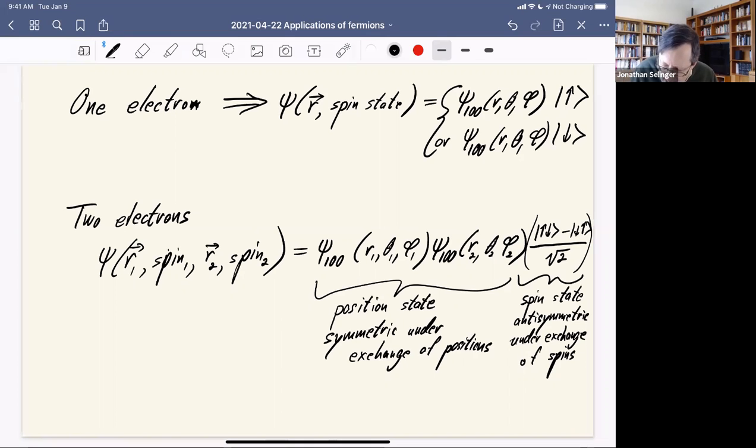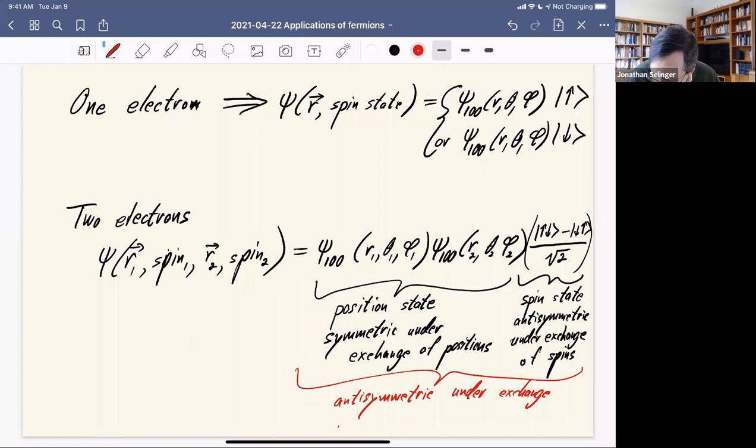So the product of those two things is anti-symmetric under exchange of positions and spins.